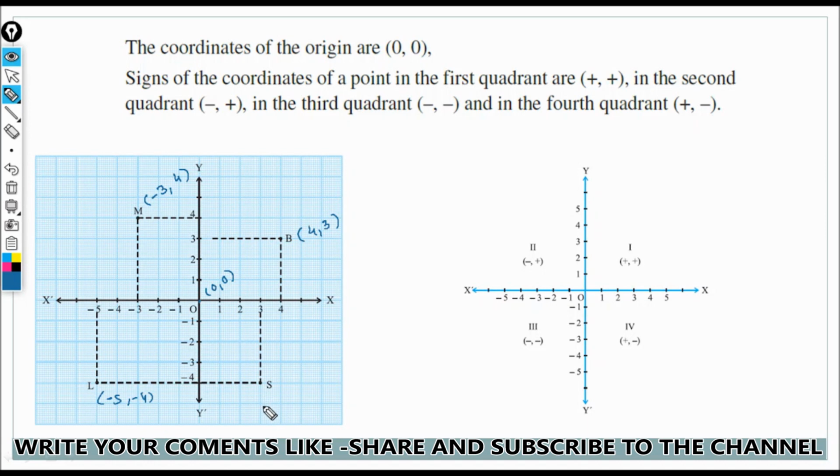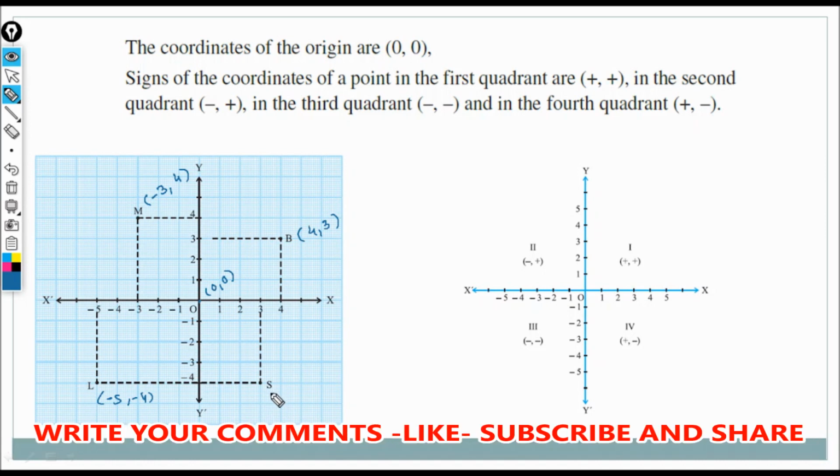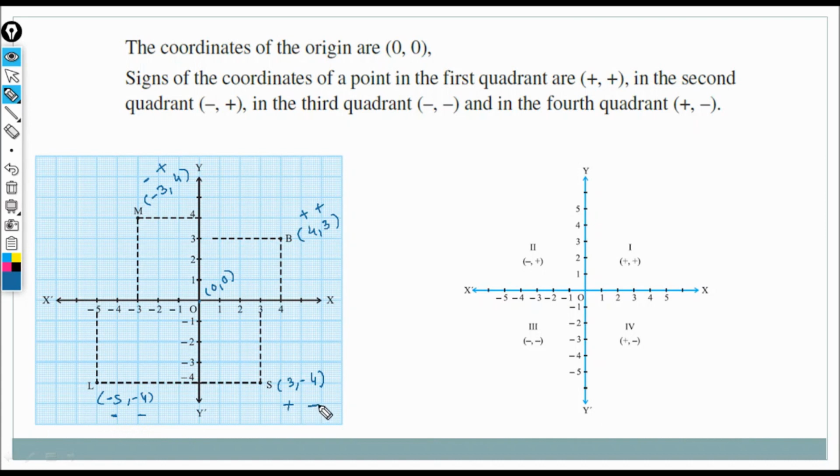So if we take here S point in fourth quadrant, so its coordinates are 3 comma, this distance from y axis, that means x coordinate it is 3 and distance from x axis it is -4. So here plus plus, minus plus, minus minus, plus minus.